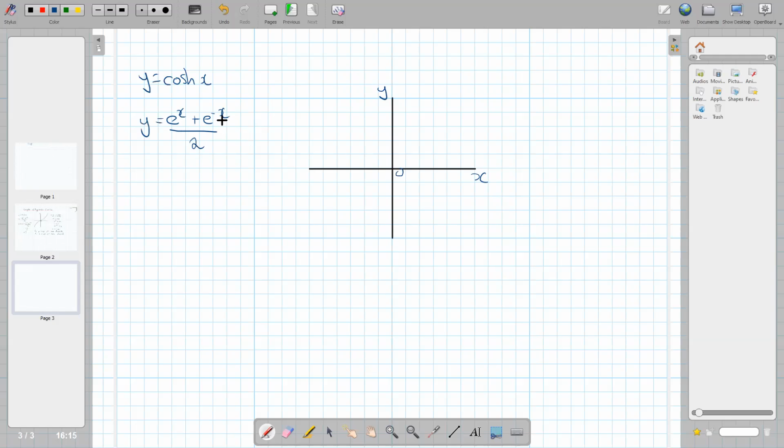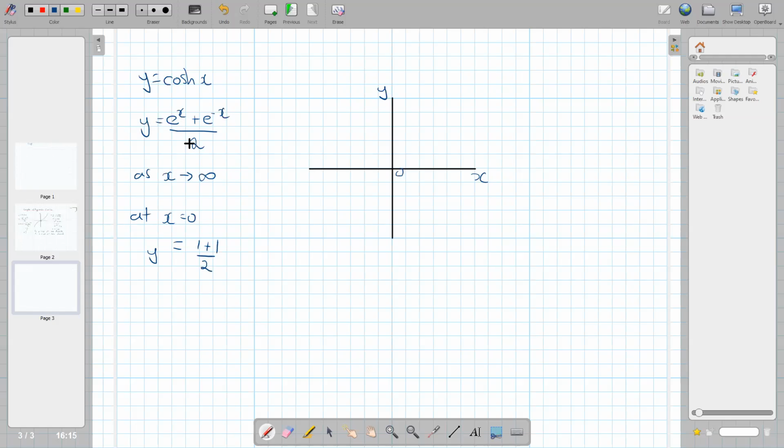For the same reason as before, as x tends to infinity, the e to the x term will dominate. This time, the e to the minus x will tend to 0 again, and so this is looking very similar. But one important difference is, at x equals 0, we're going to have y equal to 1 plus 1, over 2.